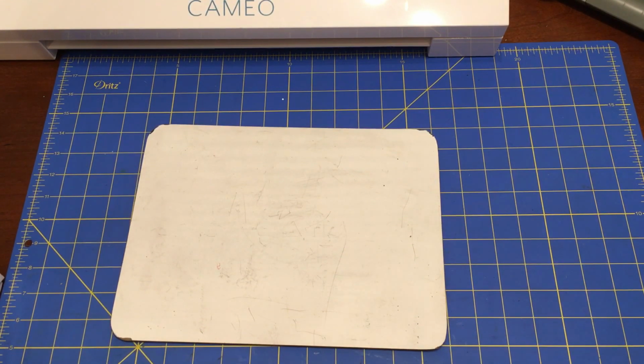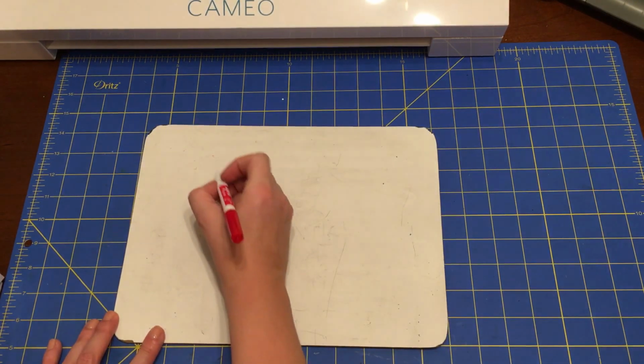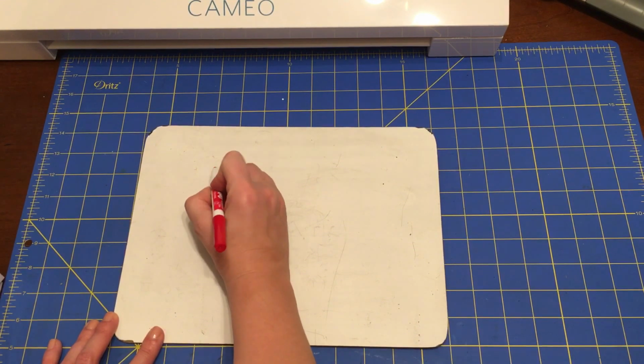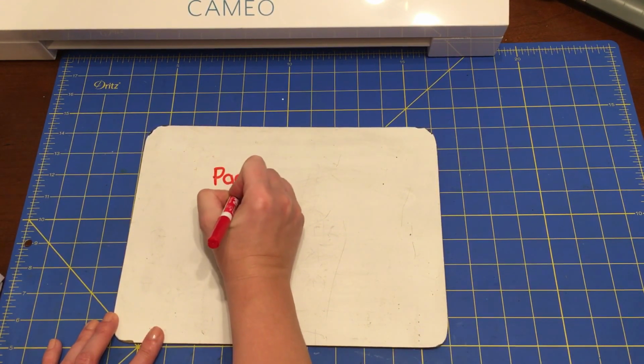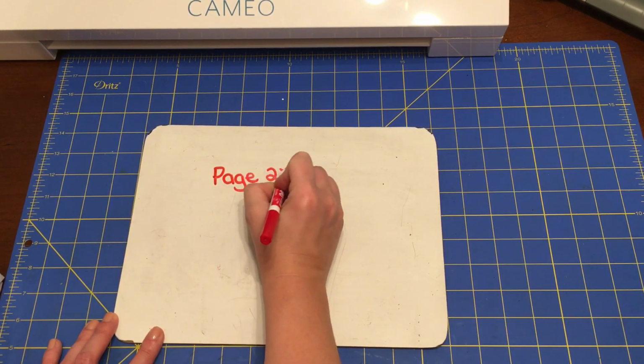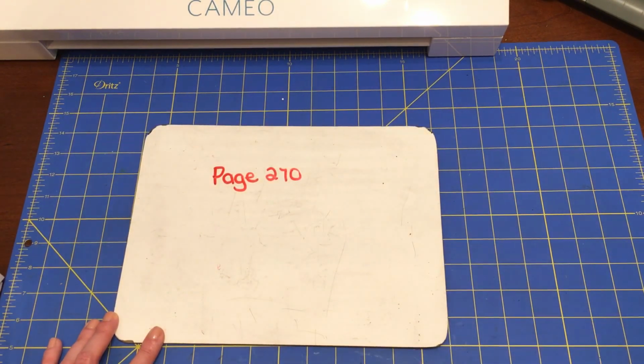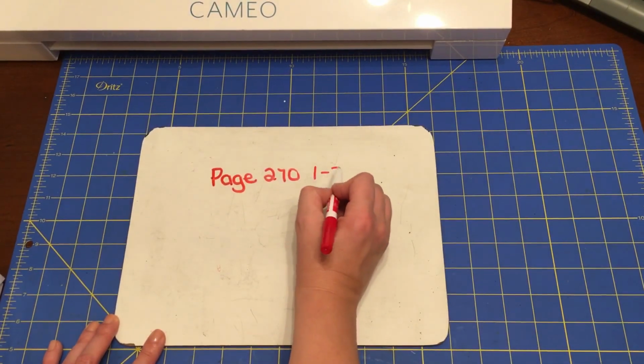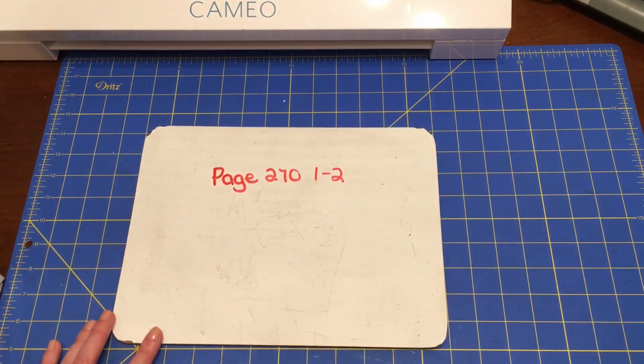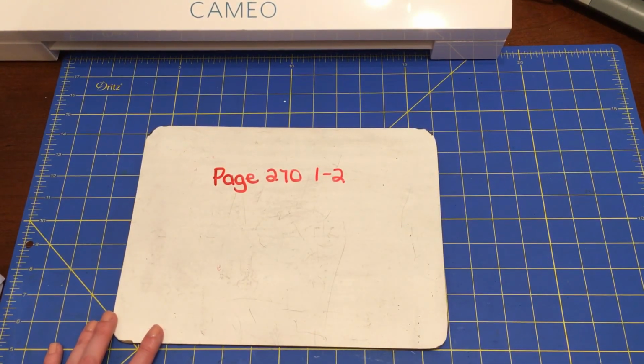So what you guys are going to do now is you're going to work in your big math book, your big math textbook, and you're going to be working on page 270. There's two problems down at the bottom. There's problems 1 and 2. And it's going to tell you to estimate, but you're not going to do that. You're just going to solve the problems, just like how we just practiced.